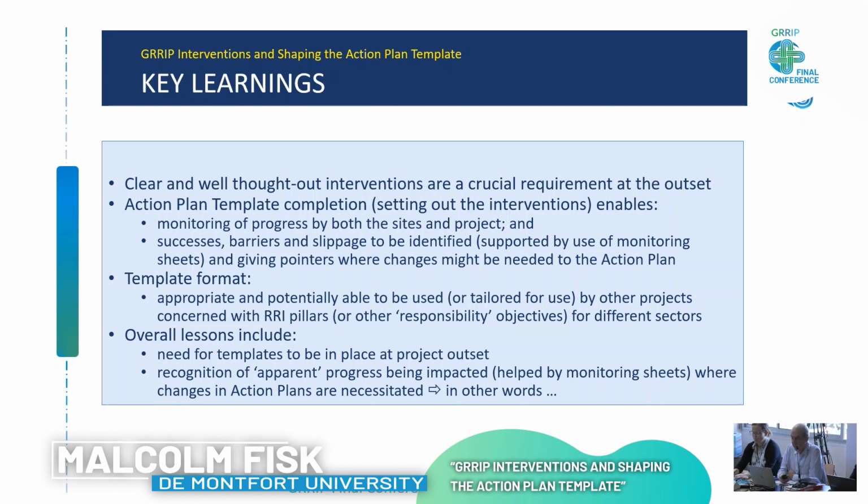And the action plan template completion was clearly a key task performed by the different sites to enable monitoring of progress, both by the sites themselves for their own interventions and, of course, for the project as a whole, identifying the successes, barriers, slippage, using the monitoring sheets as well, and giving pointers to where changes might be needed to the action plan. The template format, I think, was appropriate, and it is potentially able to be used or tailored for use by other projects concerned with RRI pillars, or indeed other responsibility objectives for different sectors.